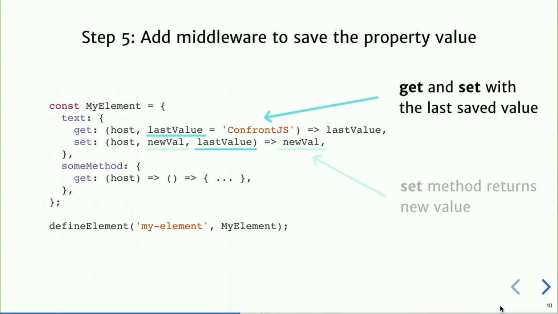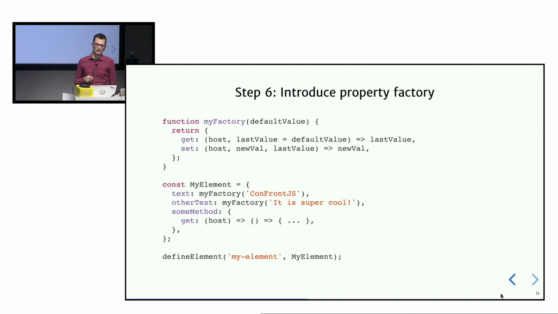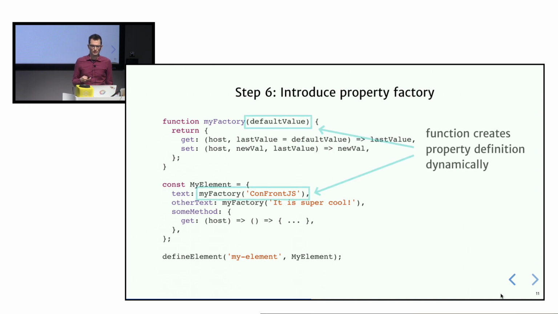And as you can see, maybe we can ask ourselves: what about creating another text which is a different property but behaves the same? We would have to create another property which is actually pretty much the same, but the default value is different. So we can introduce the property factory. What is that? It's just a function which dynamically returns a property definition.